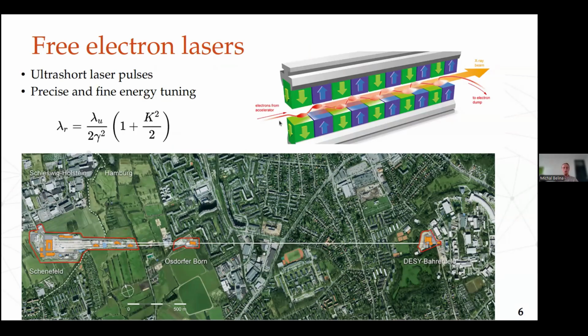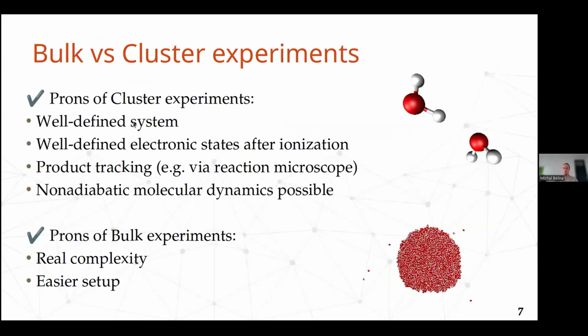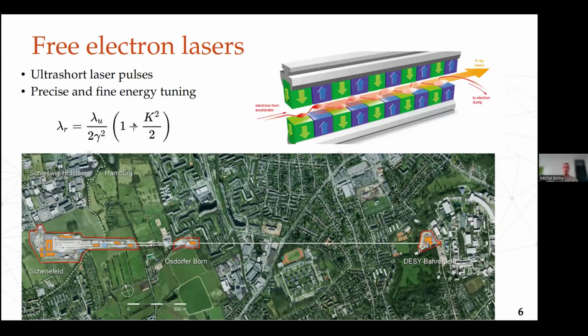I would like to call it that, because it can create really short pulses like lasers, but it allows precise tuning of energy. This is the wavelength of the outgoing radiation, and this K parameter can be easily tuned and therefore adjusts the outgoing energy of radiation.